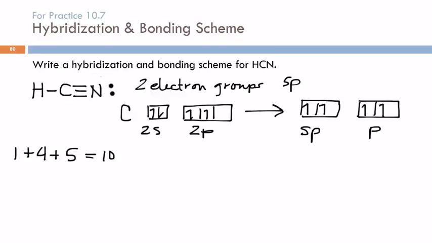Yes? So it's basically like you're taking a box from the p and putting it on s, right? Yes. And then you're evening it out. Yeah, so the diagrams that were done earlier were like this, right?